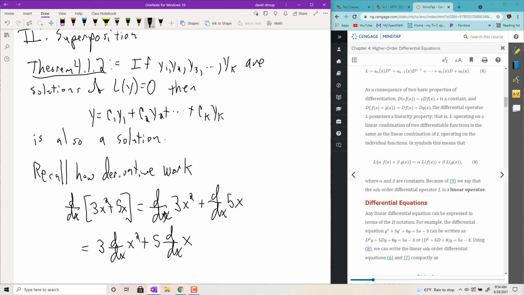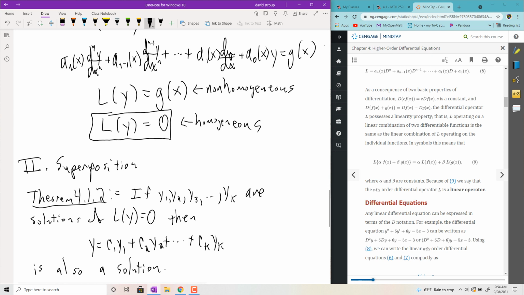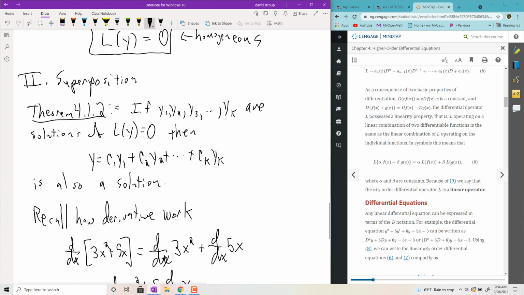Because if you think about it, this L of y thing, this polynomial operator, is just a huge derivative thing.